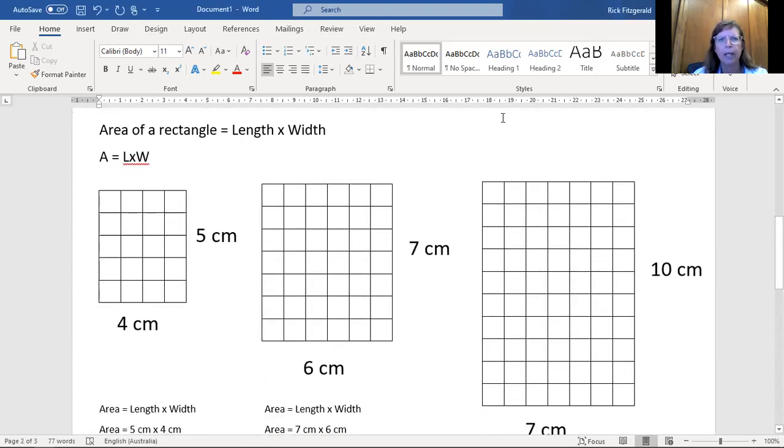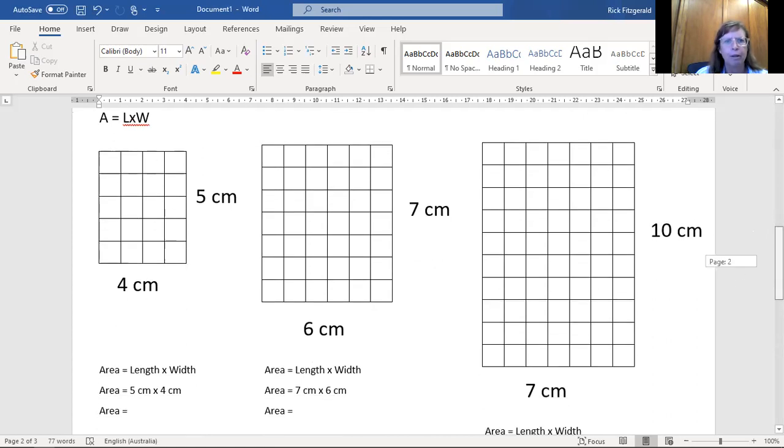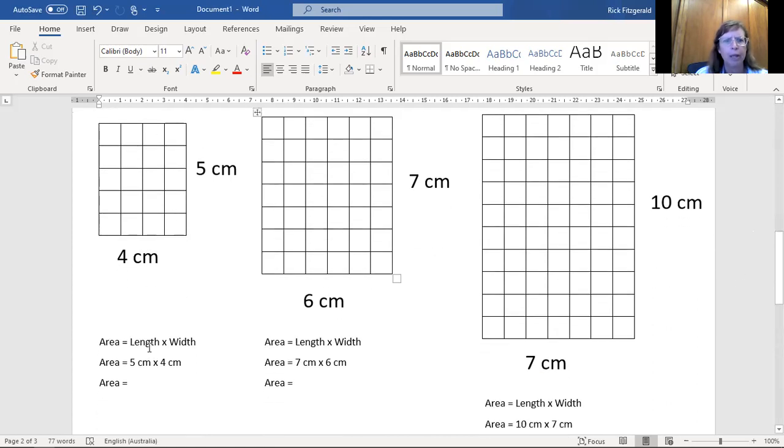Okay, now I'm going to move us down into where we can see how this works. This is called the formula. So the area of a rectangle equals the length times the width. Or if we were just using the initials, we would say A equals L times W. And here we have our first one, area equals length times width.